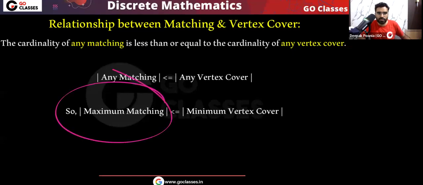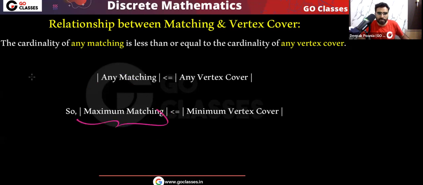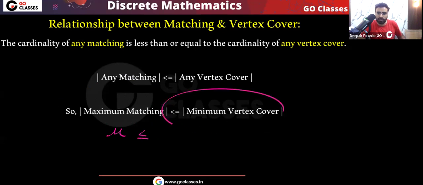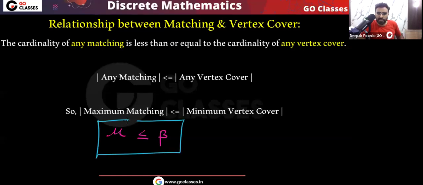What is the size of maximum matching? In any graph, the size of maximum matching is called the matching number, denoted by mu. That is less than or equal to the size of minimum vertex cover. In any graph, the size of minimum vertex cover is called the vertex cover number, denoted by beta. So this is the relationship between matching number and vertex cover number.